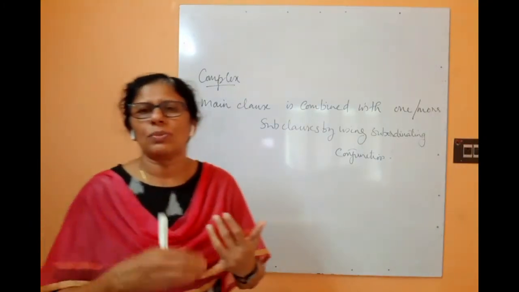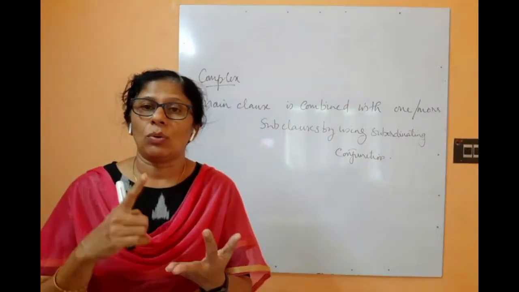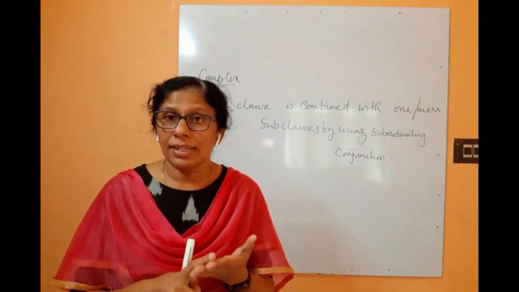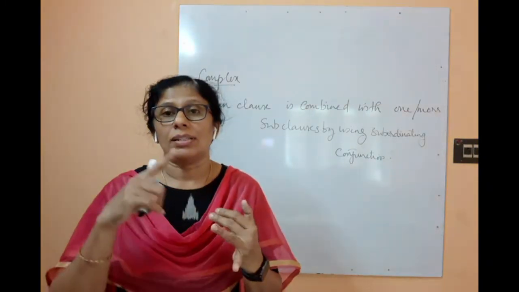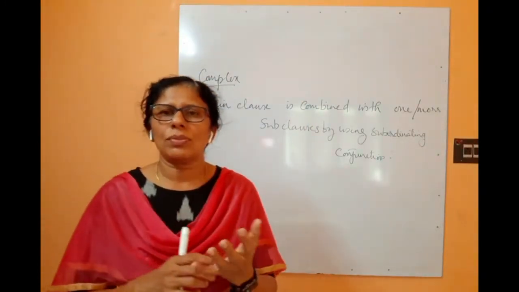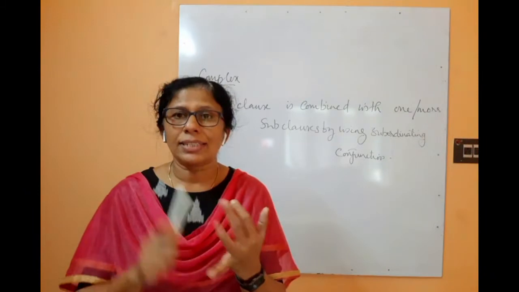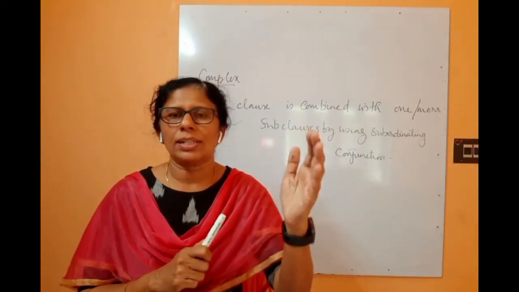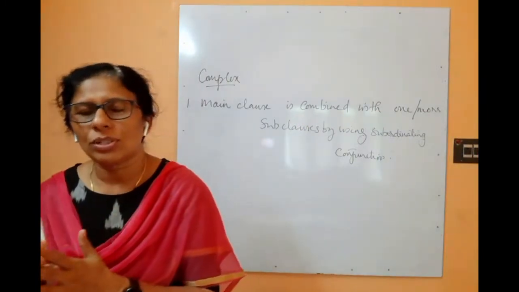For adverb clauses, we know when, where, why, as if, unless, because, since. All these are used for adverb clauses. For noun clauses, we use that, what, if, whether, why, etc. These are the conjunctions that we use for noun clauses.